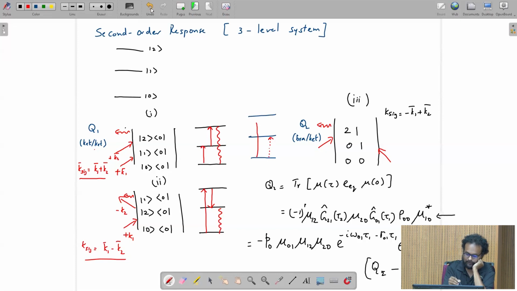Sorry, I didn't follow the convention. Interaction this, second interaction this, and then this is your coordinates. When you're acting from the bra side, the convention is dotted line for that.